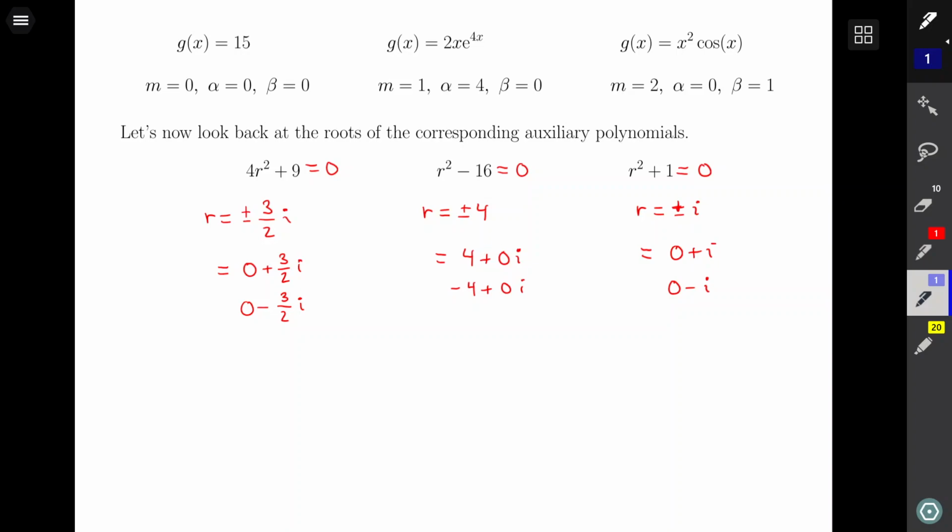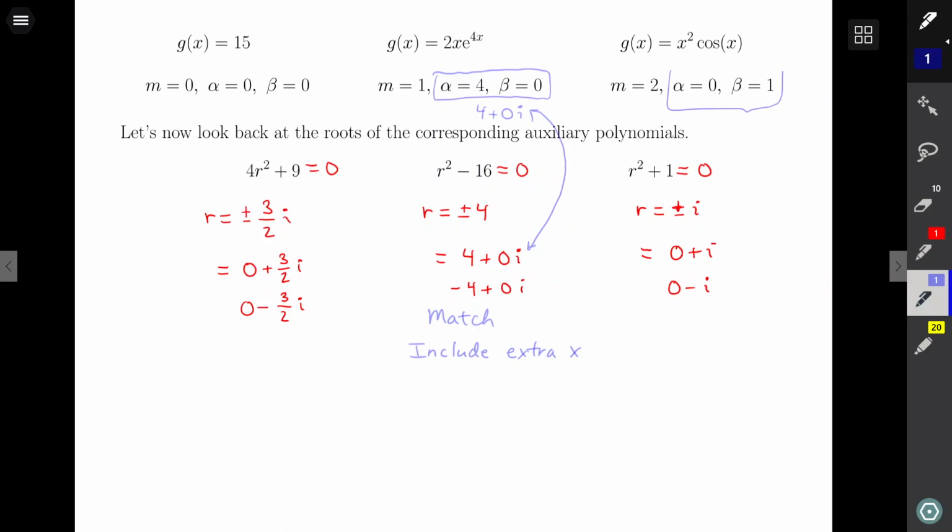Notice here that if you take, in the second example, alpha plus beta i, you get 4 plus 0i. There's a match there. And because of that, we needed to include an extra x. Same thing happens with the third one.